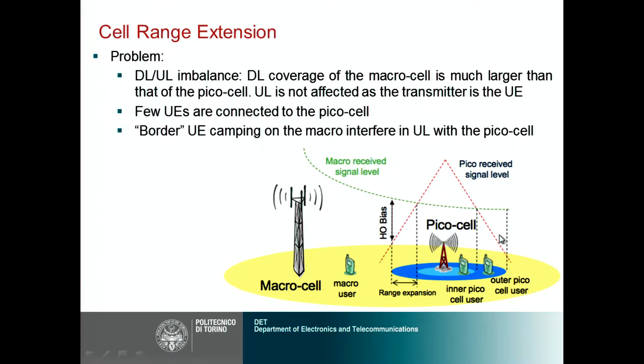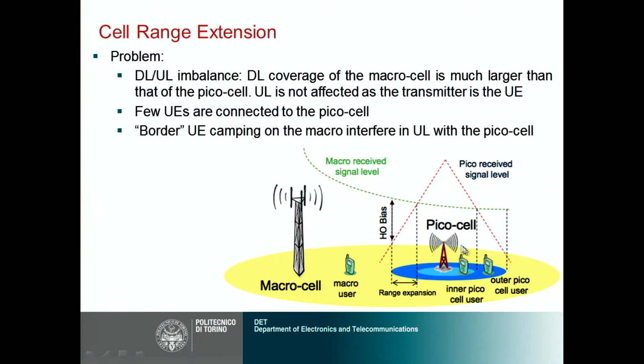But it's not only that. It's also that once you associate to the macro cell here, when this guy that I'm pointing at uses uplink resources to communicate to the macro cell, due to its distance, it needs to transmit on these uplink resources at a very high power.